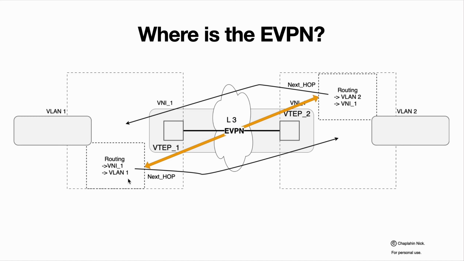This is where EVPN appears, and it needs to be configured to allow routing to the tunneling VNIs. In the case of the symmetric model, it manages the routing table to route bidirectionally.